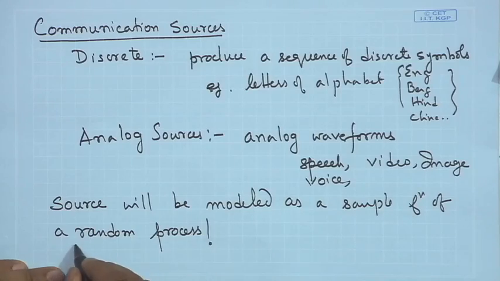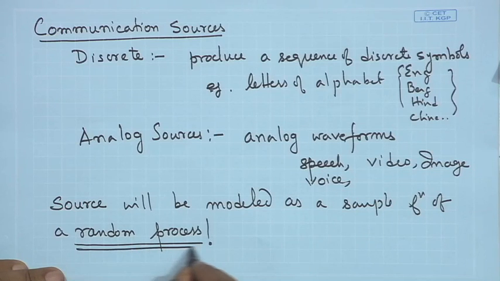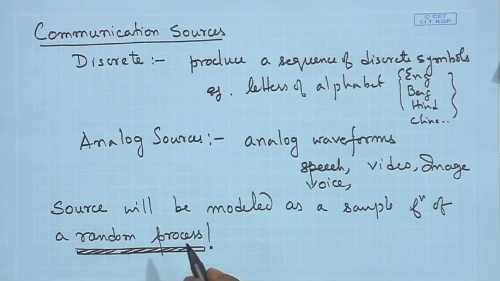So that's random, of course. If we are talking about discrete sources, let's say a passage or an essay or a note or a lecture which is going to get transmitted, we don't know beforehand what particular sequence is going to go through, although we know that they are from the English alphabet, but we do not know what specific letters or what specific words are going to get formed in this particular transmission. So we can model it as a sample function of a random process. This is something important which we should keep in mind at this stage.